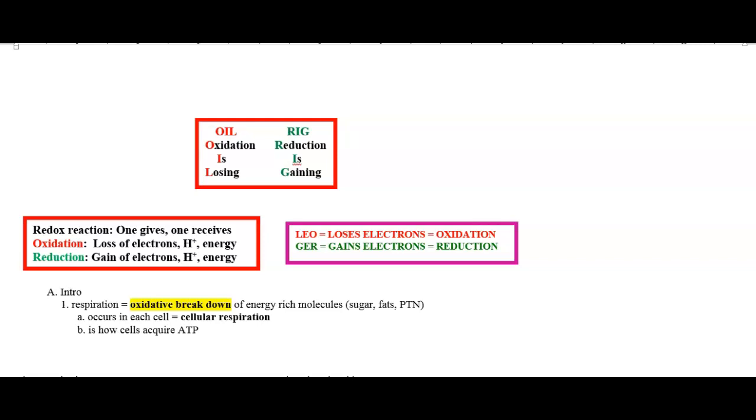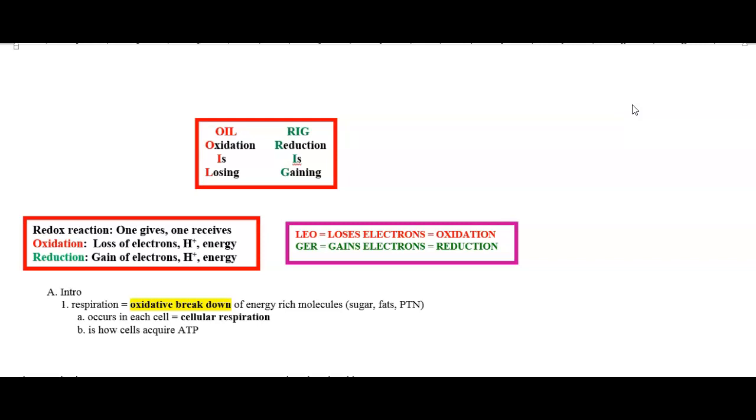And let's review oxidation and reduction reactions, and here's another way to look at it. OIL RIG: oxidation is losing, reduction is gaining. However it helps you to think about it, remember, in biology we're talking about three things that are going to be either lost or gained: electrons, hydrogen, and energy.